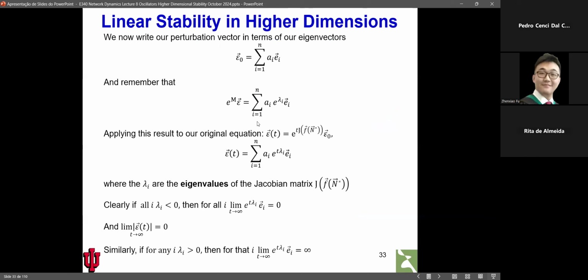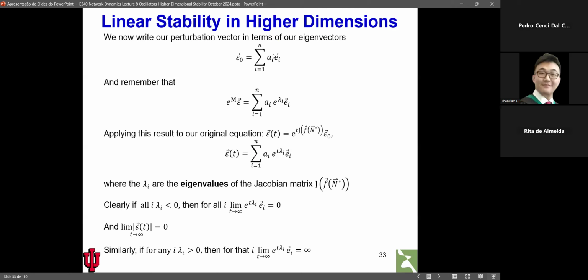Now, suppose now that we go back to our linear stability in higher dimensions, right? So we now write our perturbation vectors in terms of our eigenvectors. Which are our eigenvectors? The eigenvectors of the Jacobian, right?